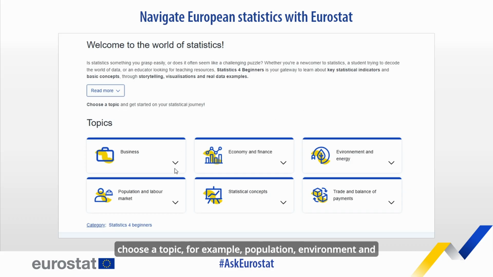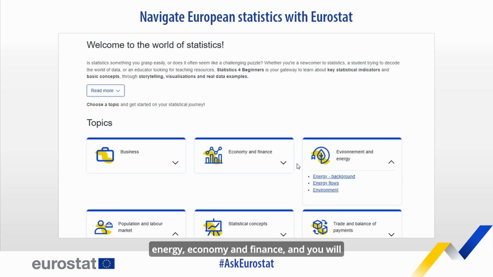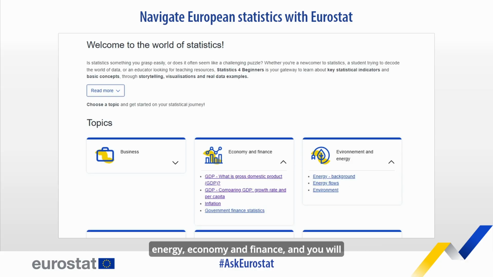You can choose a topic, for example, population, environment and energy, economy and finance, and you will find different articles explaining the most important statistical indicators and concepts related to that topic.